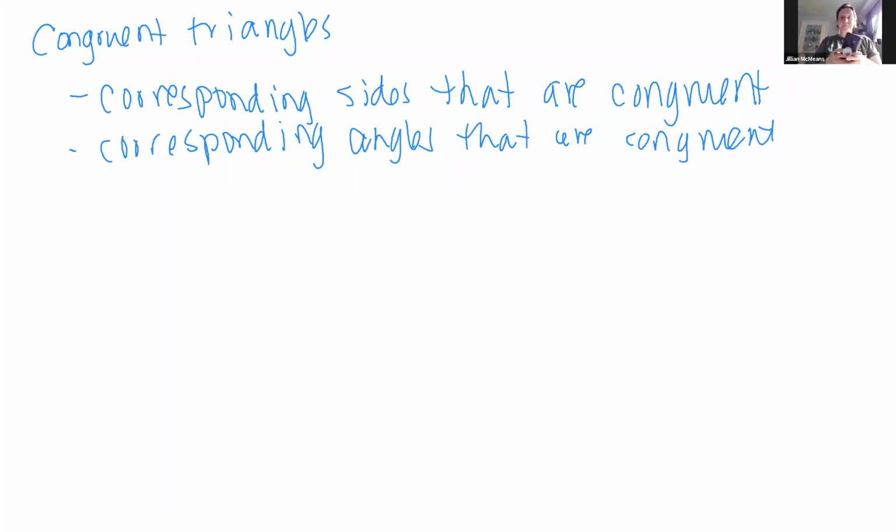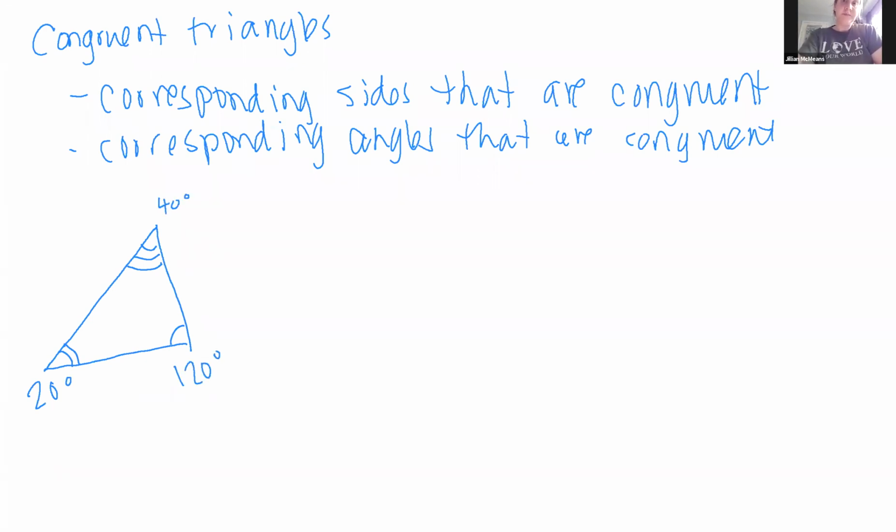All right. So let's look at examples right here. Okay. So let's say that I have these triangles here. Let's say this is 20 degrees, this is 120 degrees, this is 40 degrees.